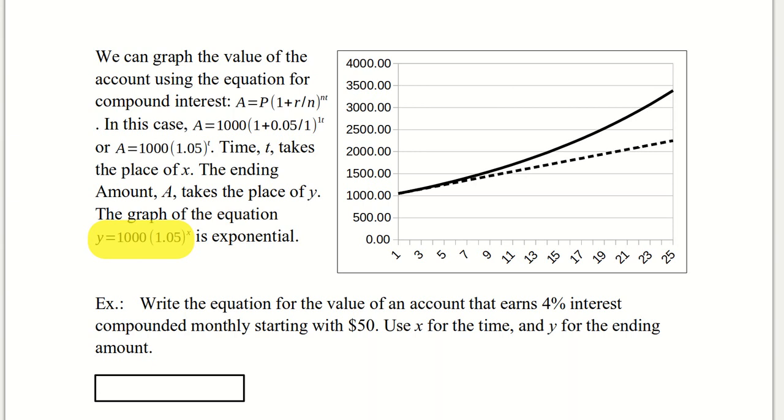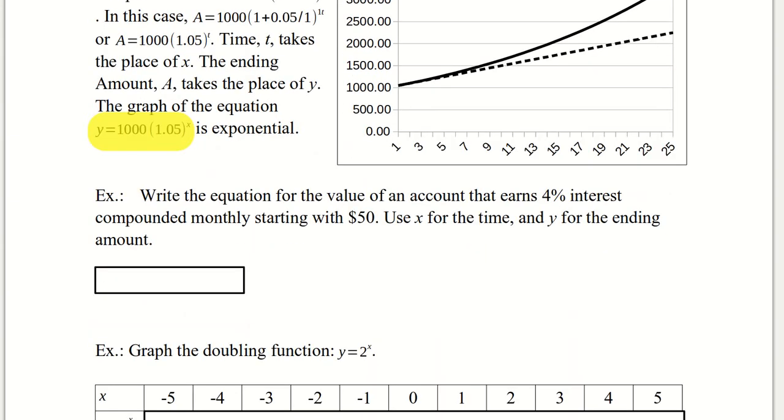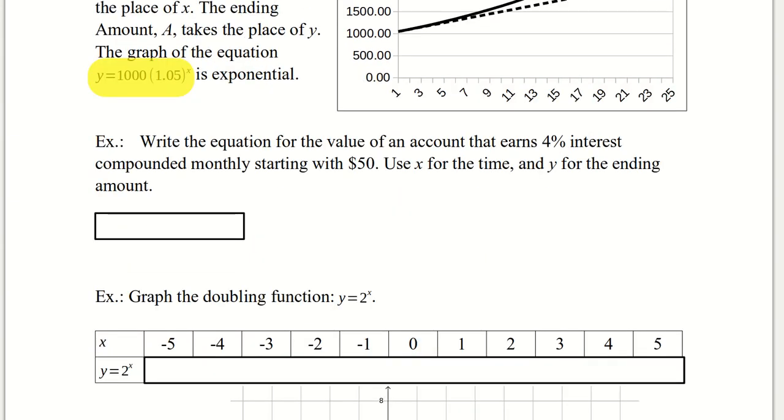So this first question asks us to write the equation for the value of an account that earns 4% interest, compounded monthly, starts with $50. We're going to use x for time and y for the ending amount A. So we plug in what we've got. Y is our ending amount, so taking the place of A is y. P is 50, that's our starting amount.